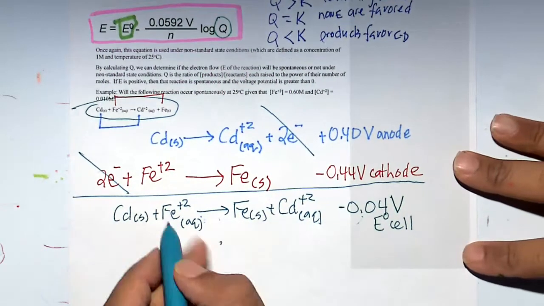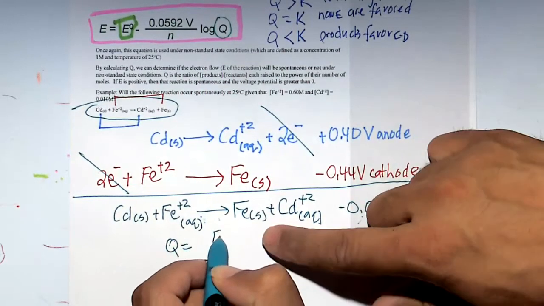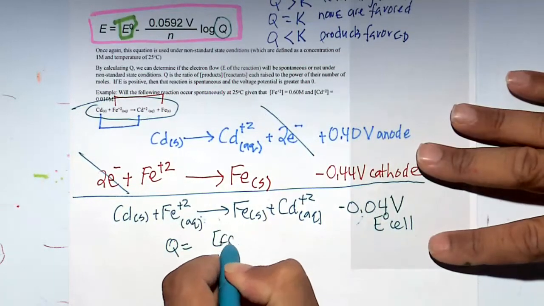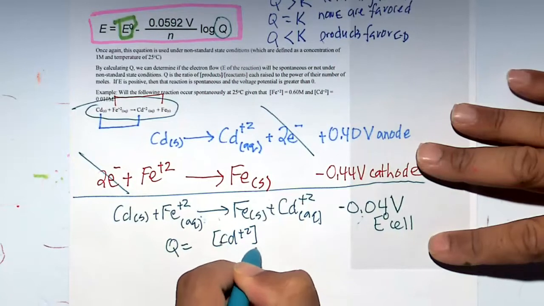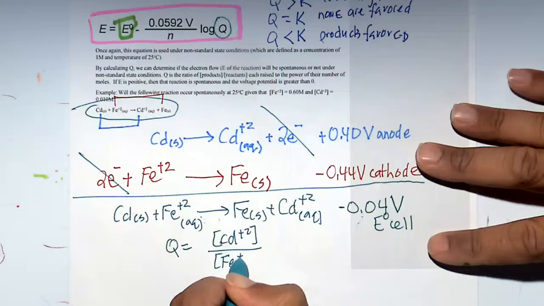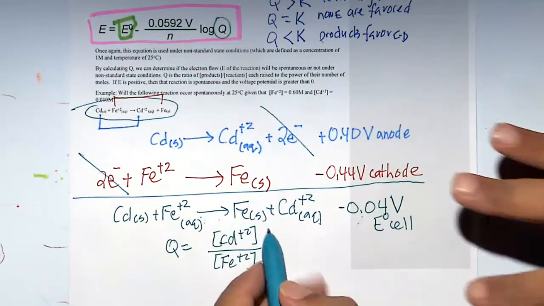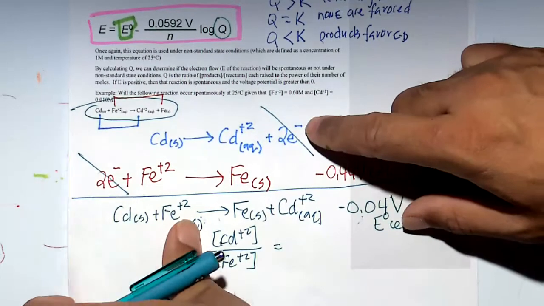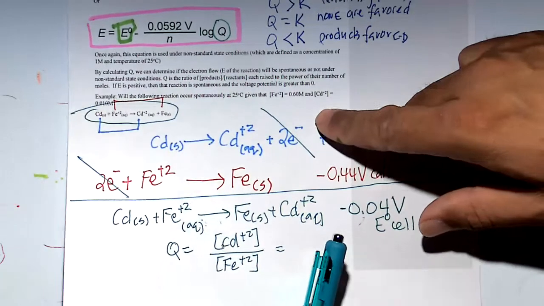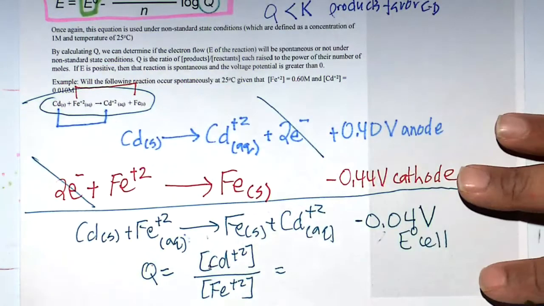Let's figure out Q here. Q is products over reactants. I'm not going to add iron because it's a solid. So it's going to be the concentration of Cd plus 2, cadmium, divided by Fe plus 2, which is an aqueous solution. Everyone see the concentration? It is 0.010.